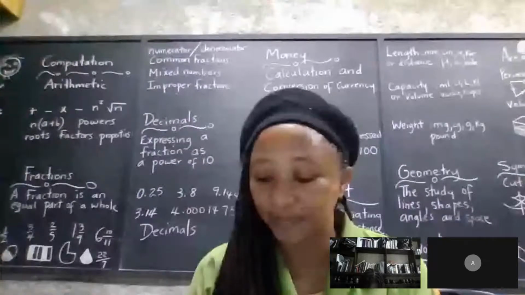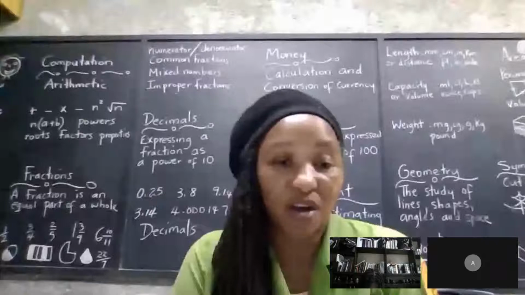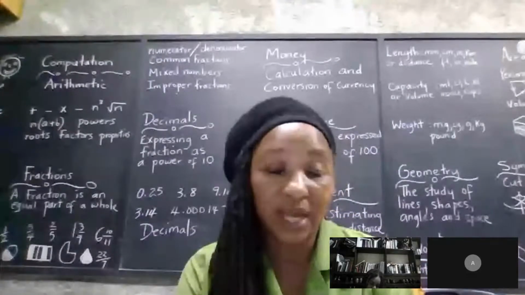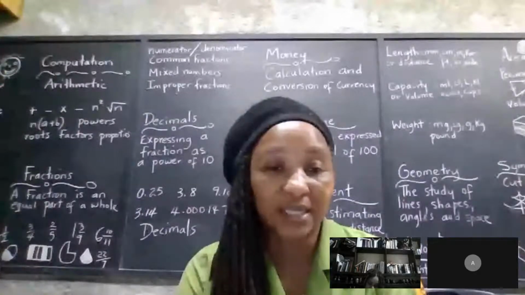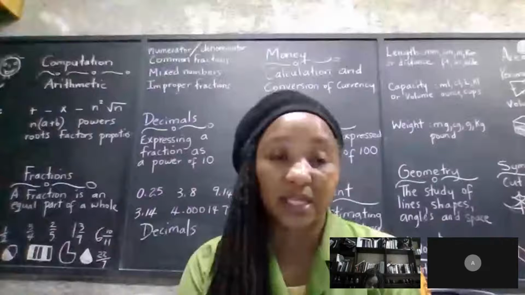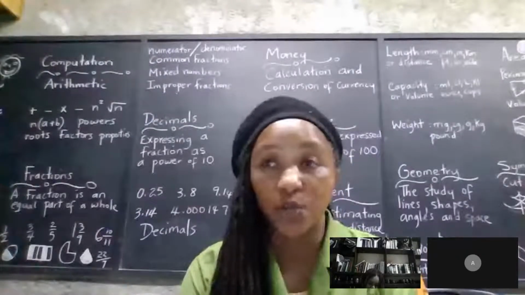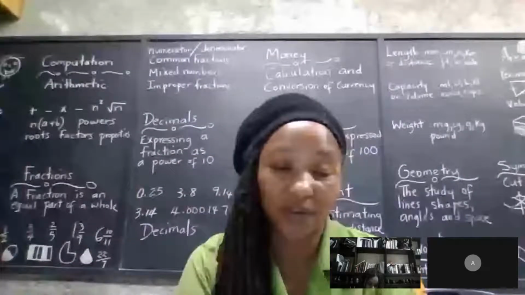compound interest is when it's like you're getting interest on your interest. So when you compound an investment, you get the interest for that year, and then for the next year you get the interest on the principal plus the interest from the former year.